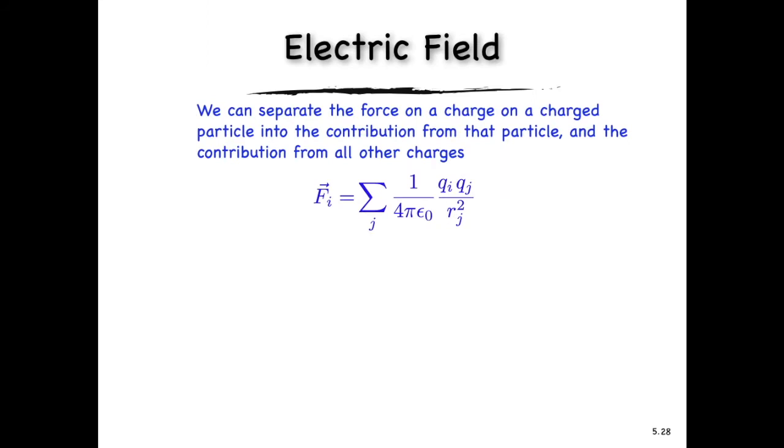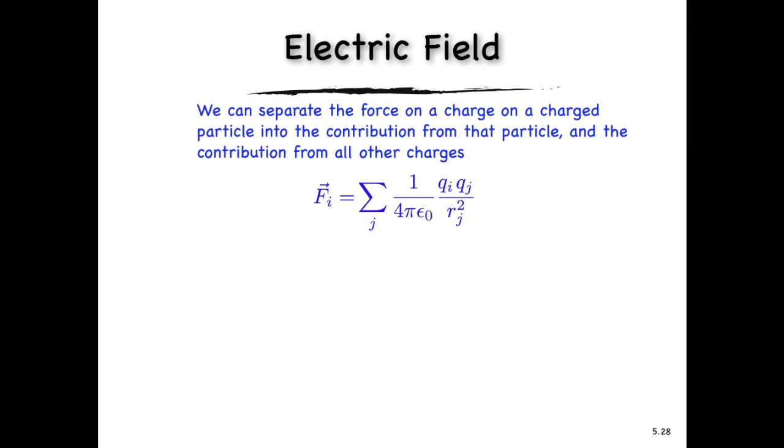Okay, so the electric field tells you what the force would be on a positive test charge if we were to place a positive test charge at a certain location in space. Okay, so this is our expression for the electric force due to a distribution of charges.